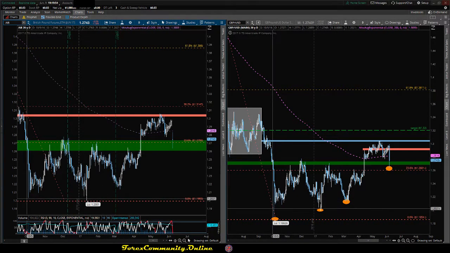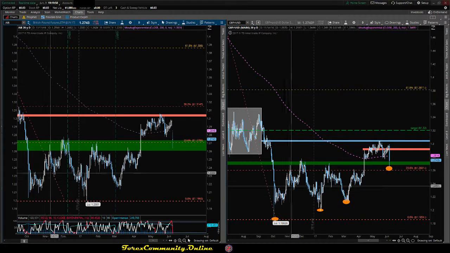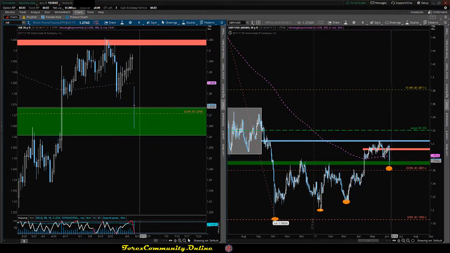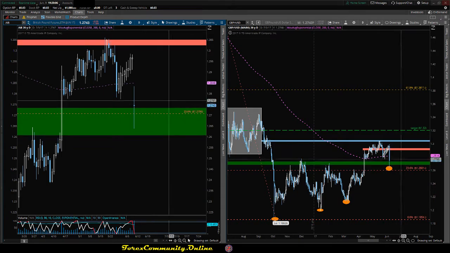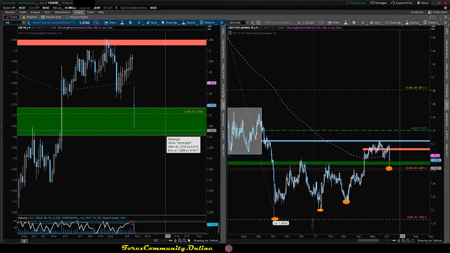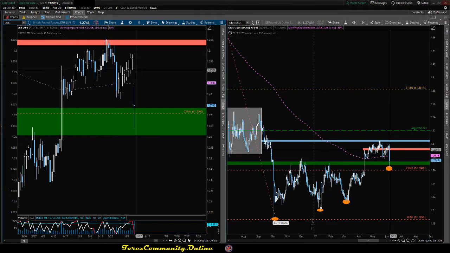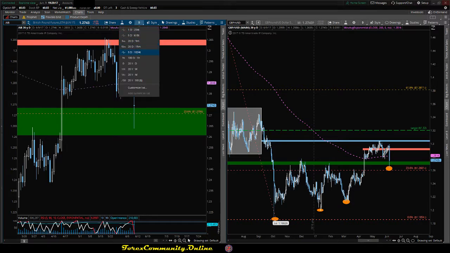The wick on the GBPUSD is a little bit lower than on the British pound as an individual currency. We can also notice that this candle right here has formed, punctured into our area of demand, and closed in an indecisive manner. We do have a gap, and we can see this clearly.